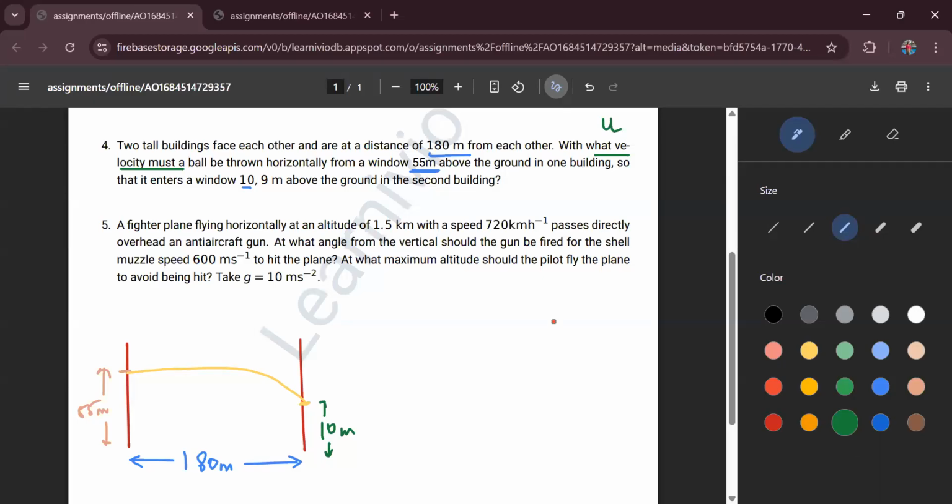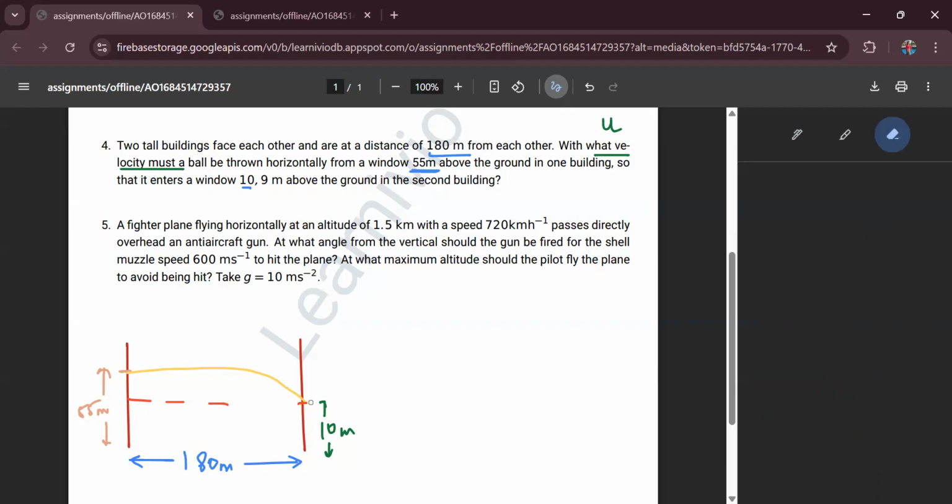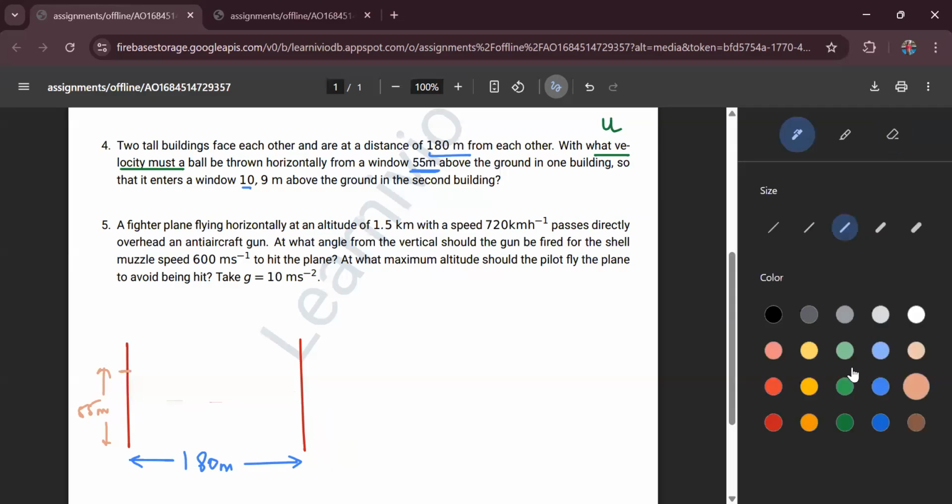So look, when we are talking about the height difference between them, this is 55, this is 10. Let me assume that this is the ground level. I am just taking a line parallel to the ground. I'll just redraw this. This is 10 meters, and the ball is going from here to here.